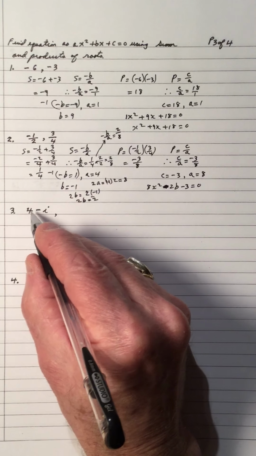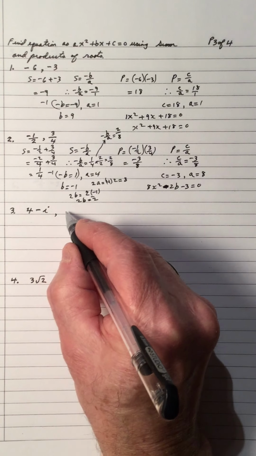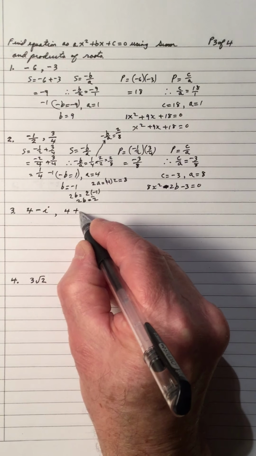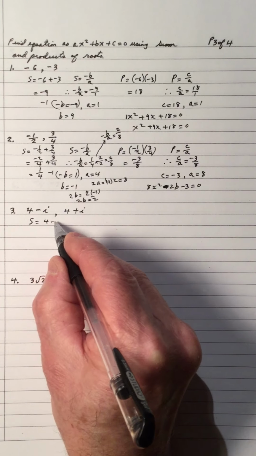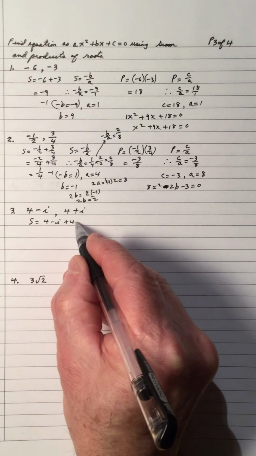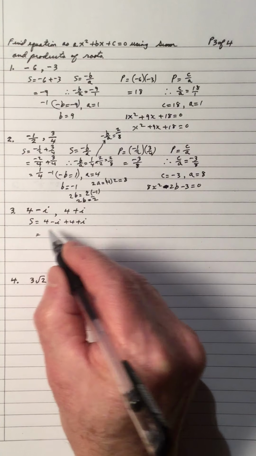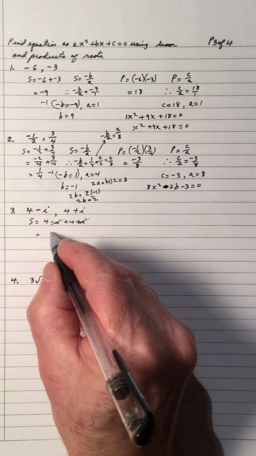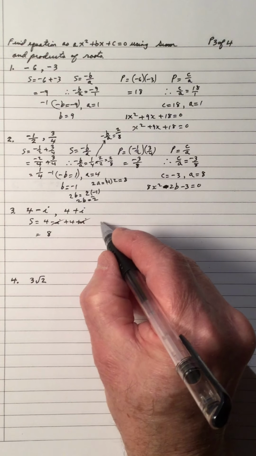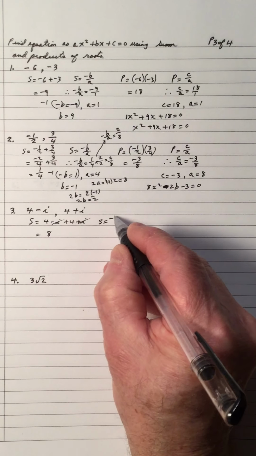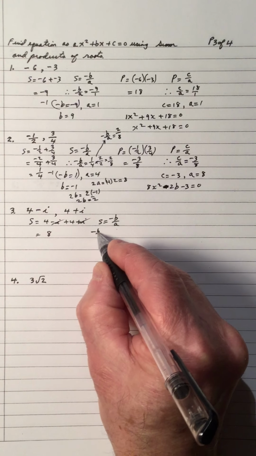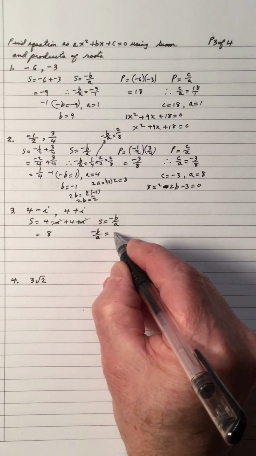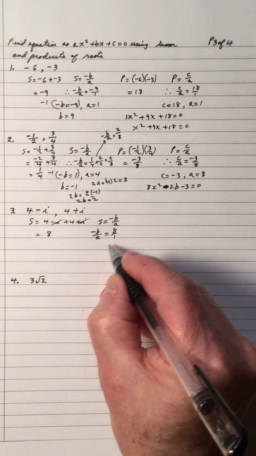Number 3, 4 minus i, the conjugate is 4 plus i. The sum of the roots is 4 minus i, add on 4 plus i. And the i's cancel out, and you get sum of the roots is 8. So the sum is -B over A. So it's -B over A equals 8 over 1.